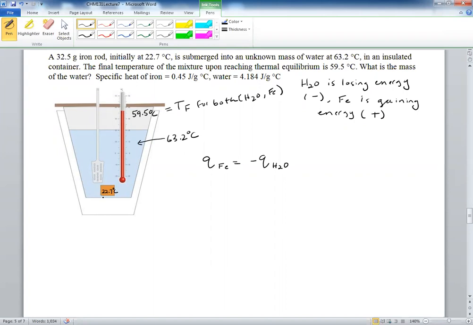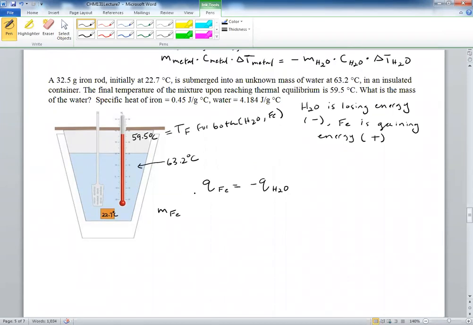The iron is at a lower temperature, so it makes no sense that it's giving heat. So then we write our equation. That would be M of iron times C of iron times delta T of iron equals negative M of H2O times C of H2O times delta T of H2O.